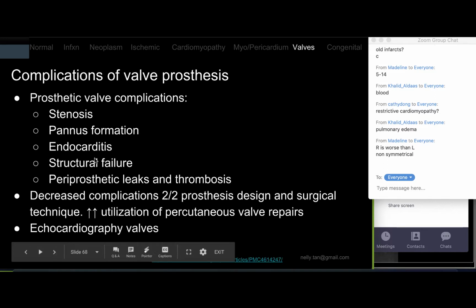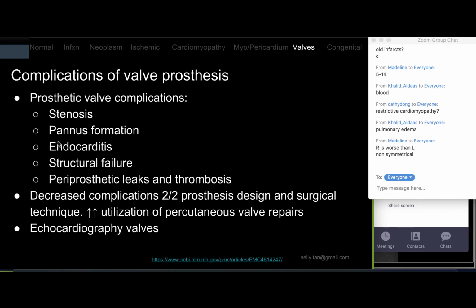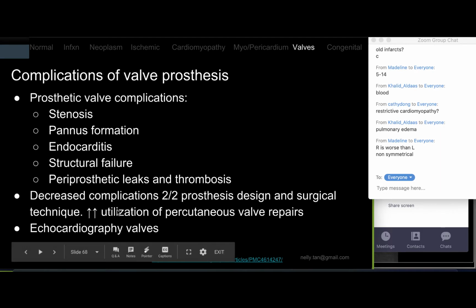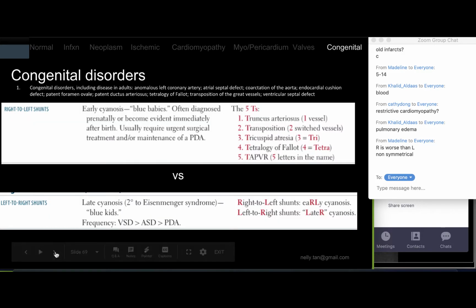There are a lot of different structural complications, such as infection, leaks, and thrombosis. But now with percutaneous options, there's increased utilization of TAVRs over open heart surgery. Okay, let's talk about congenital heart disease.